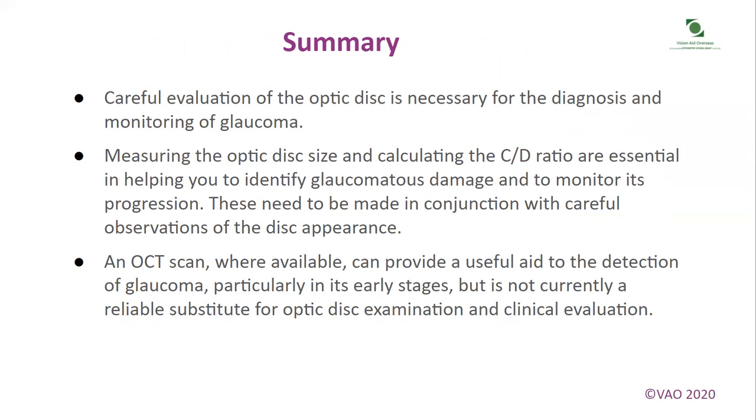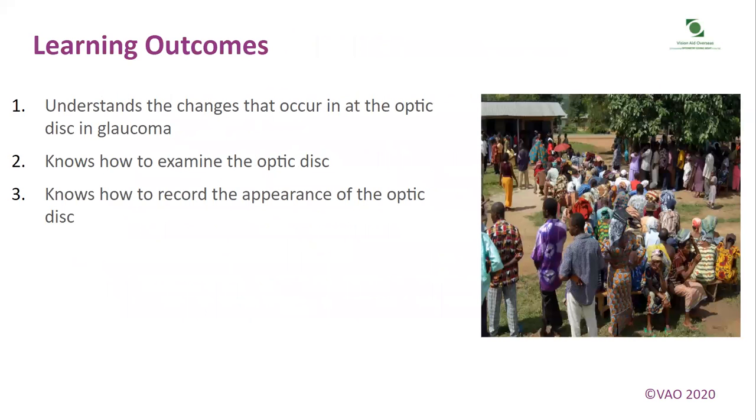These need to be made in conjunction with careful observation of the disc appearance. An OCT scan, where available, can provide a useful aid to the detection of glaucoma, particularly in its early stages, but is not currently a reliable substitute for optic disc examination and clinical evaluation.